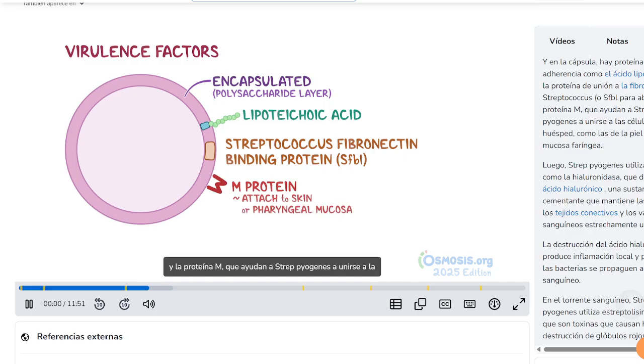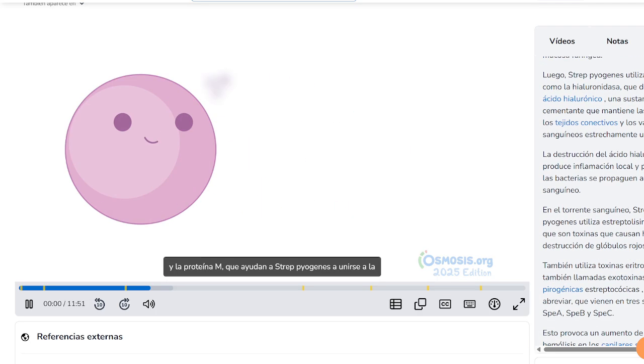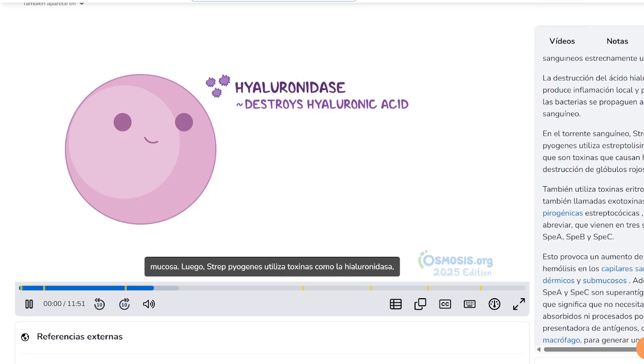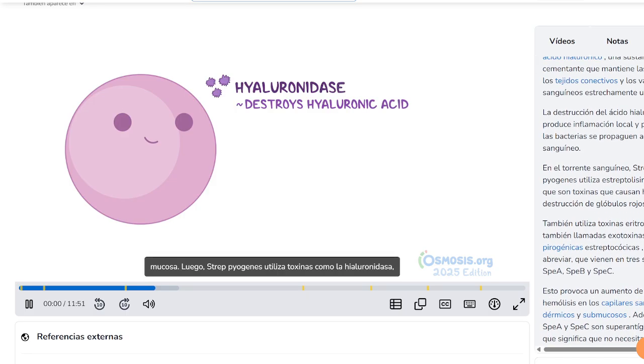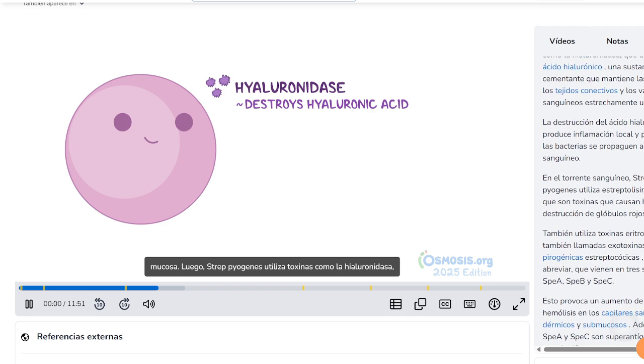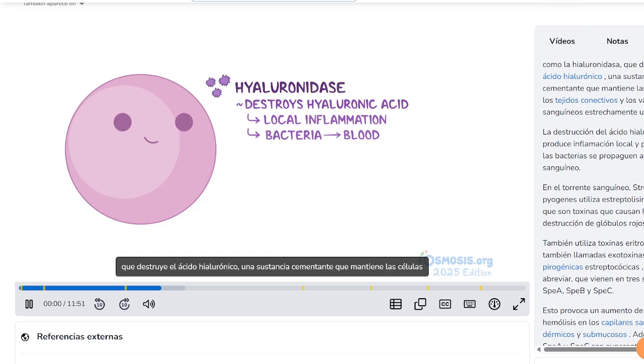Then, strep pyogenes uses enzymes like hyaluronidase, which destroys hyaluronic acid, a cement substance that keeps cells of the connective tissues and blood vessels tightly linked. Destruction of hyaluronic acid results in local inflammation and enables the bacteria to spread to the bloodstream.